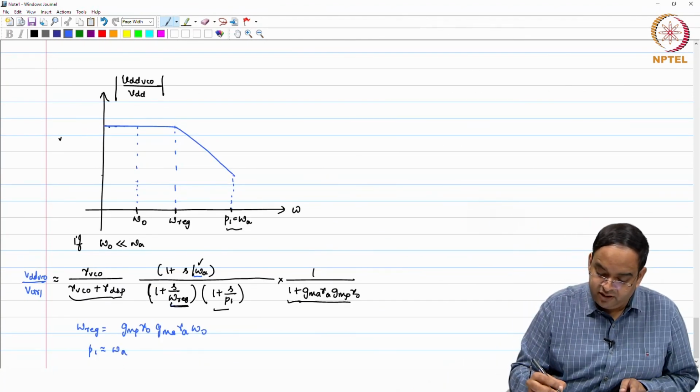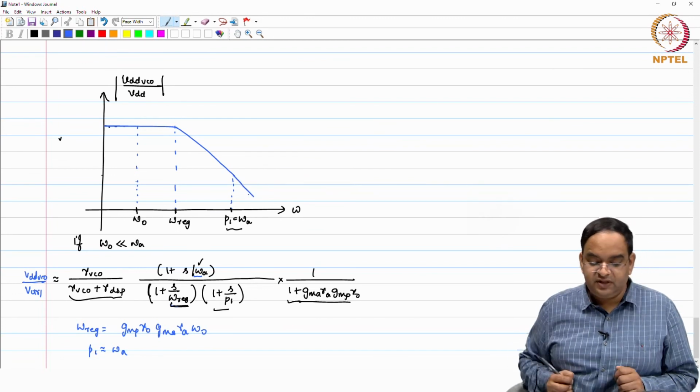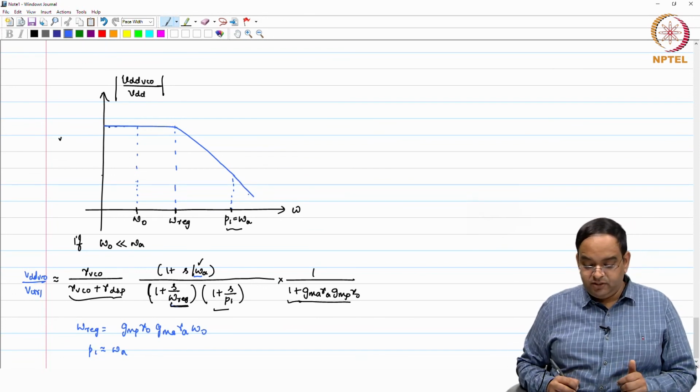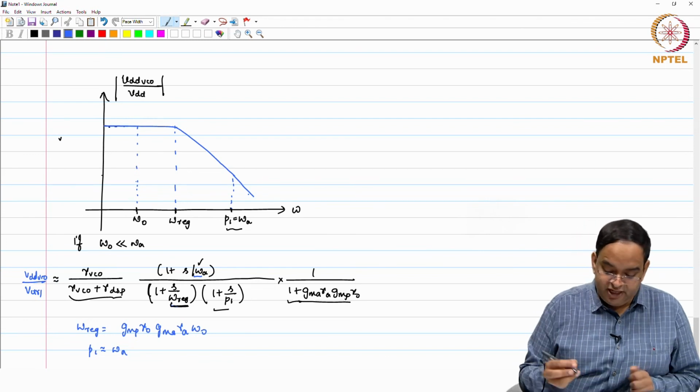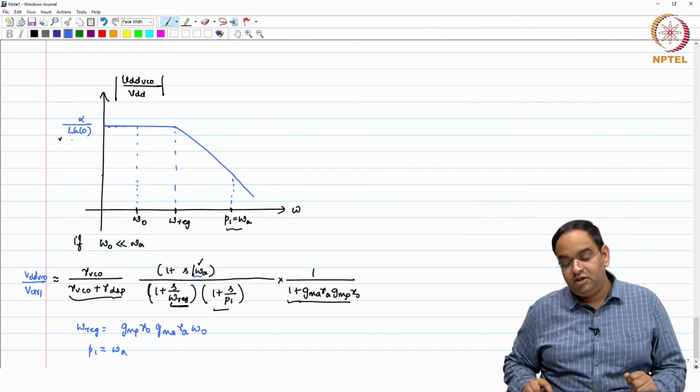So, because you see a pole and a 0 effectively, you will see this kind of expression, right. And what will be the DC value? Well, the DC value is going to be the same as what we checked earlier, which is the loop gain of 0. Okay.